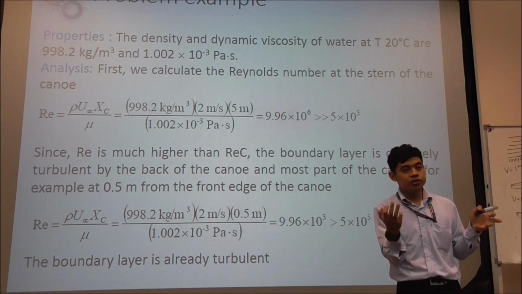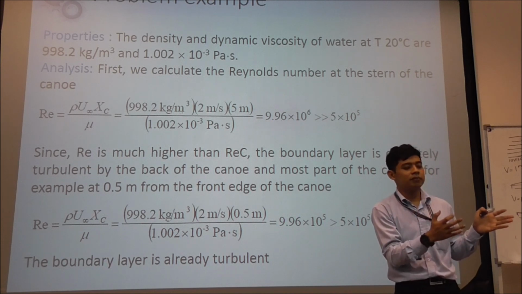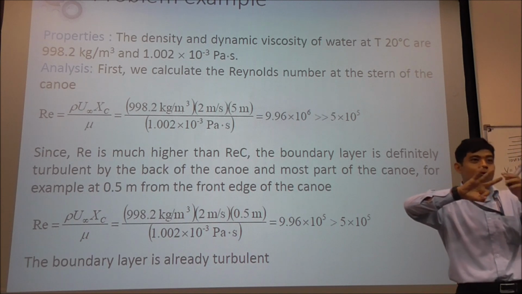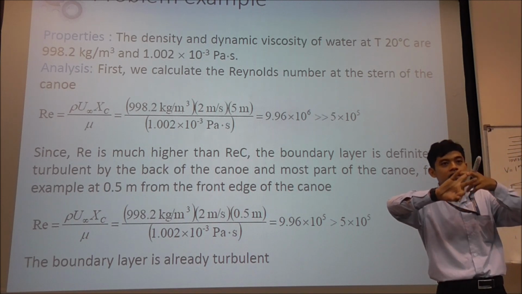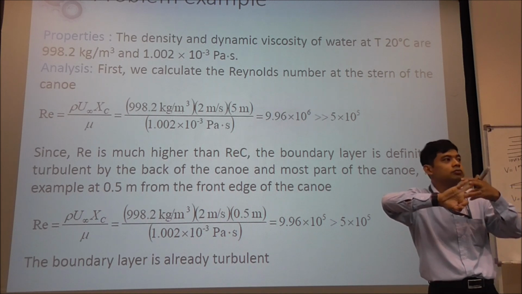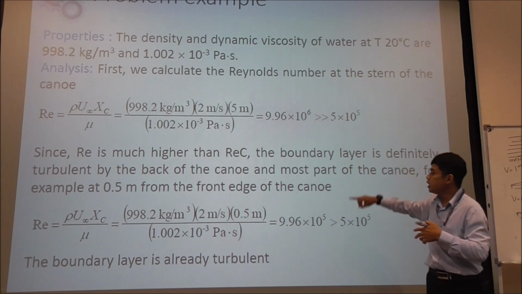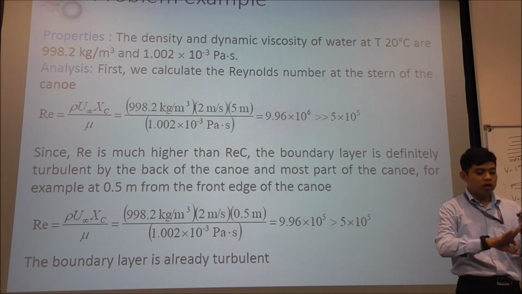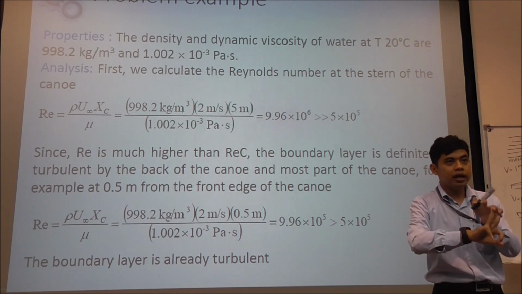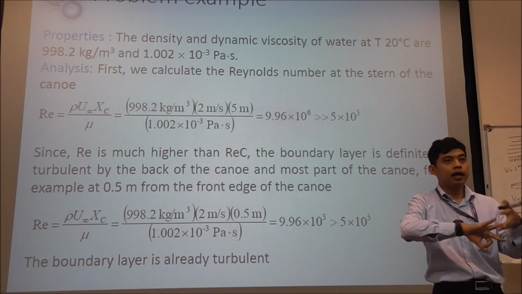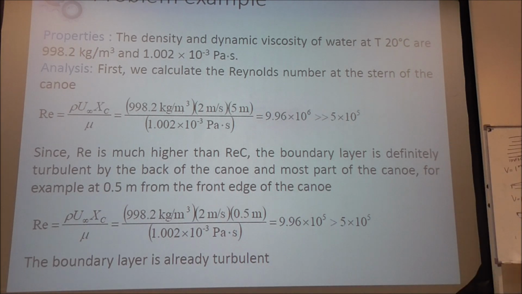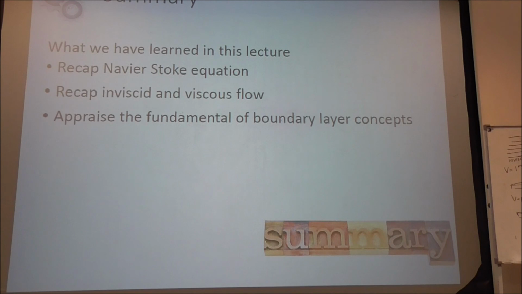In the next class, I will show you that the boundary layer can have 3 different cases: one is fully laminar, the other is fully turbulent, and the other is a mix between laminar and turbulent. This is important when you want to decide whether you have a mixed boundary layer or a fully laminar or fully turbulent boundary layer. Okay, so that's all for today.